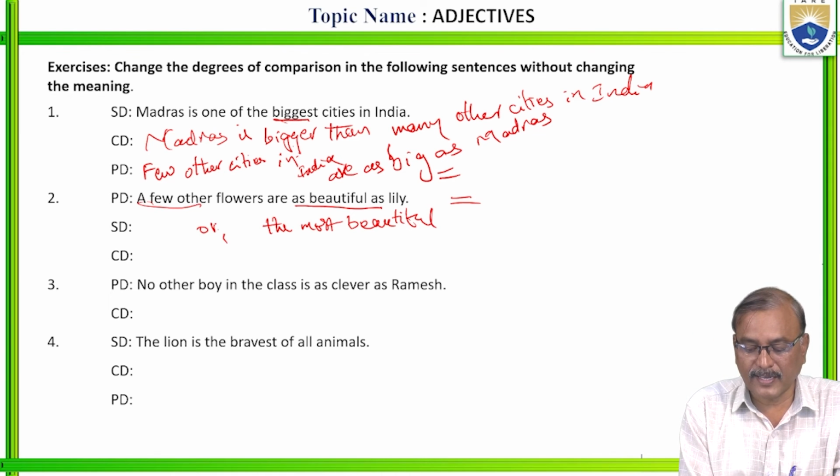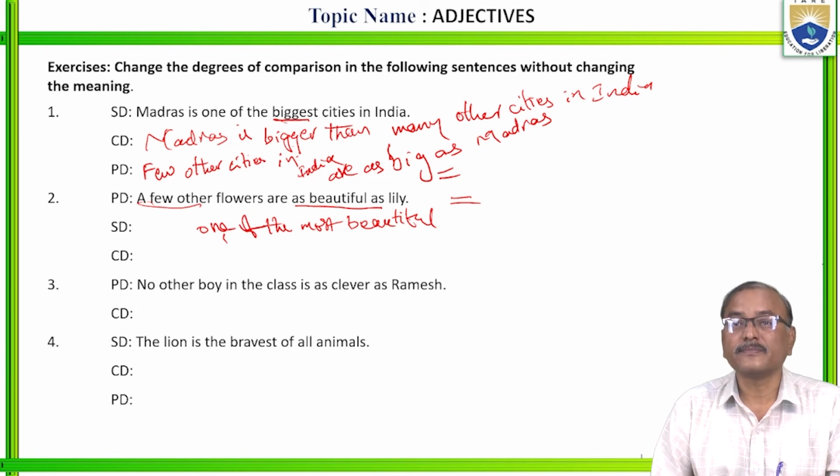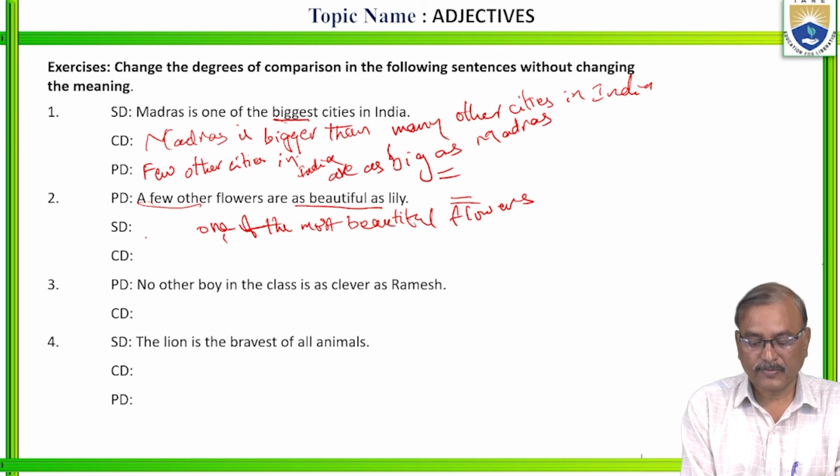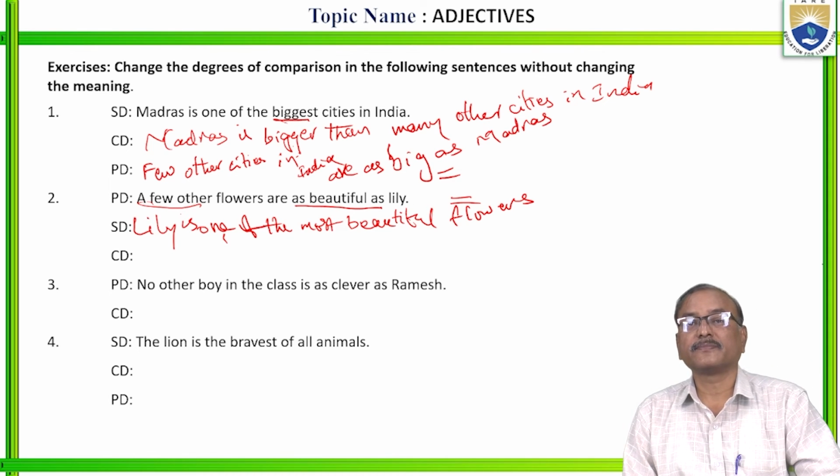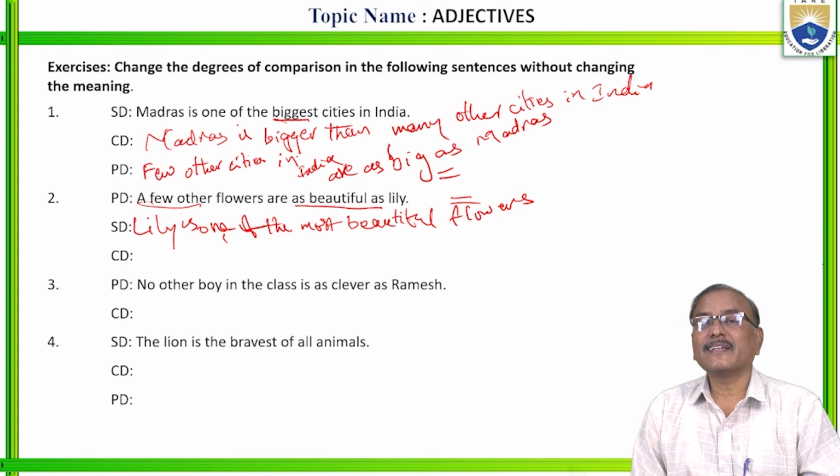So here, one of the most beautiful flowers. Which one is one of the most beautiful flowers? Lily. Lily is one of the most beautiful flowers. Right? Then comparative degree.